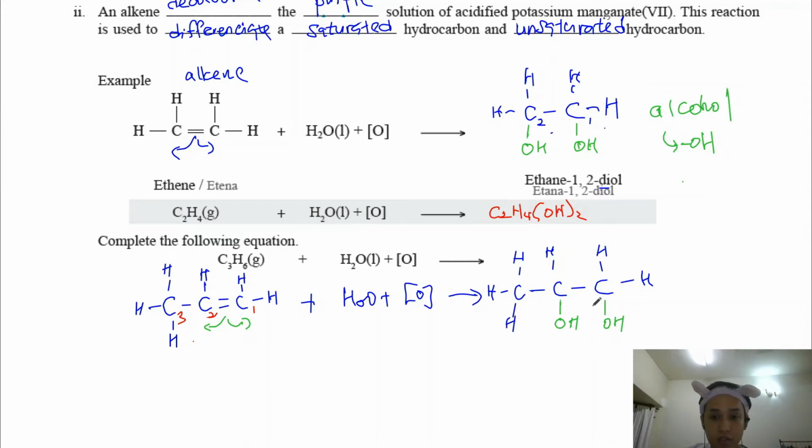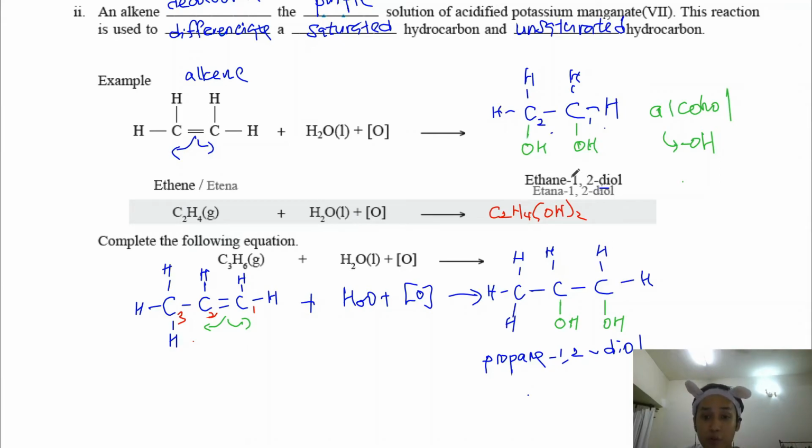Since this one is first carbon, second carbon, when I put the name, it will be propane, dash, first carbon, second carbon, so 1,2 dash diol.